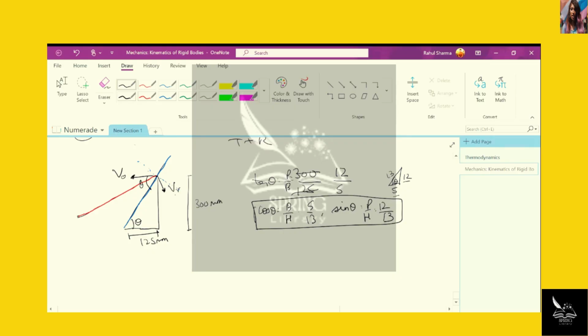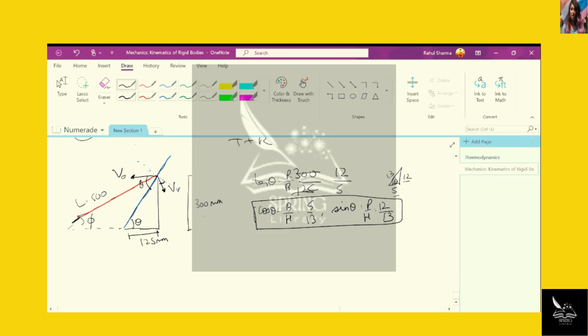Okay, but we also need to break VR, and for VR we need this angle. What is this angle? So for this angle we'll need this angle first. So this angle, let's call it phi. Then we know that the length of the rod is 500.